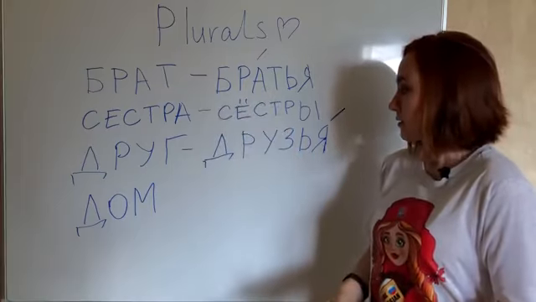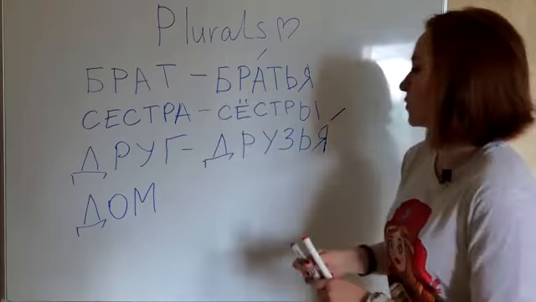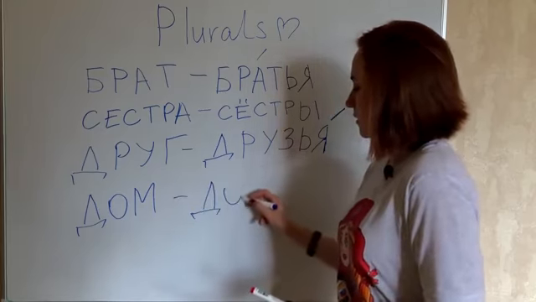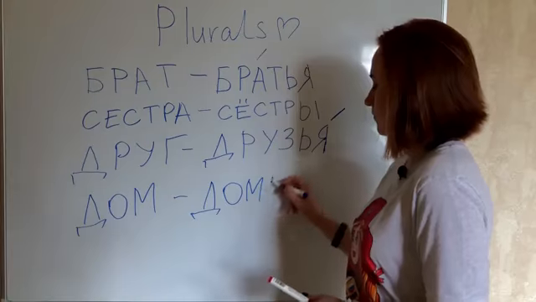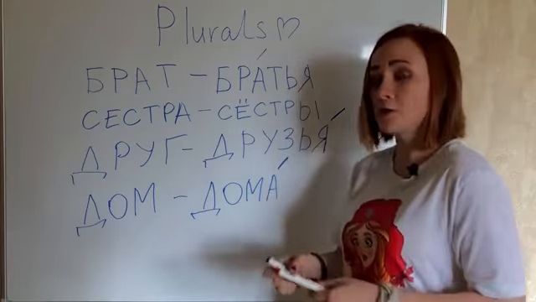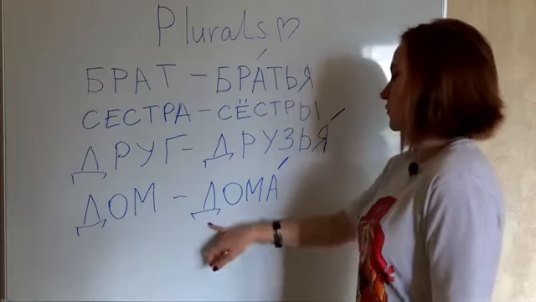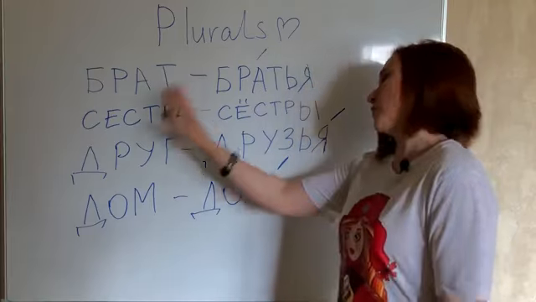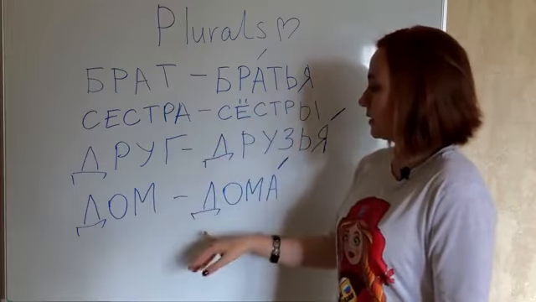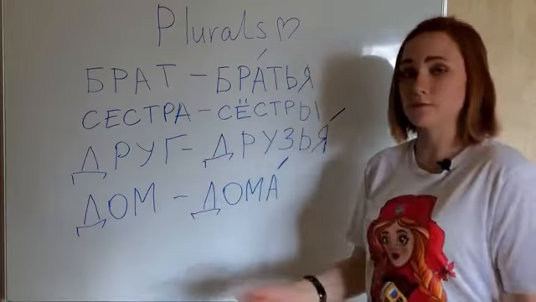And дом, a house, turns to дома. Houses, homes would be дома. So these four exceptions, I want you to practice with them and to remember them.